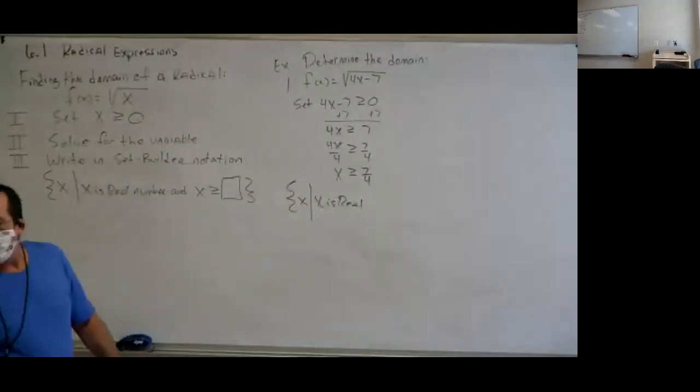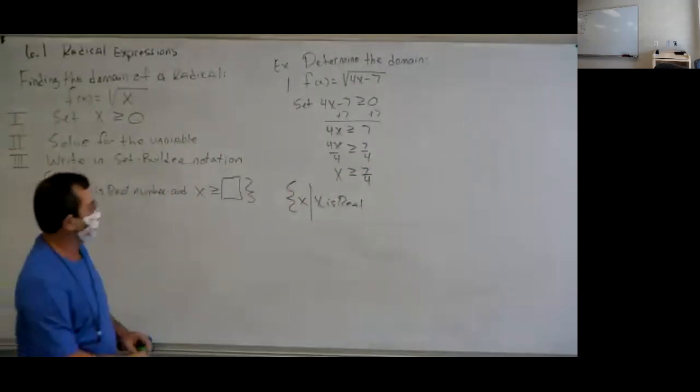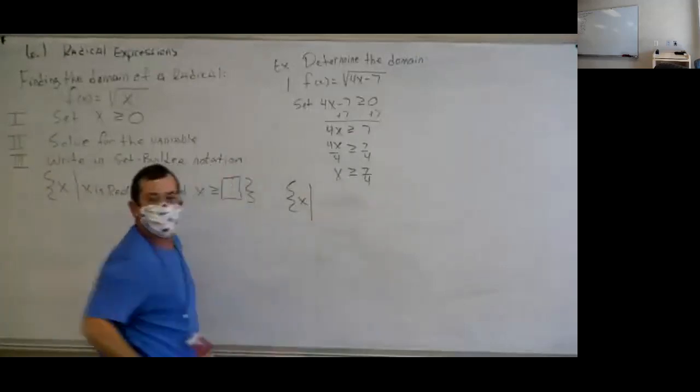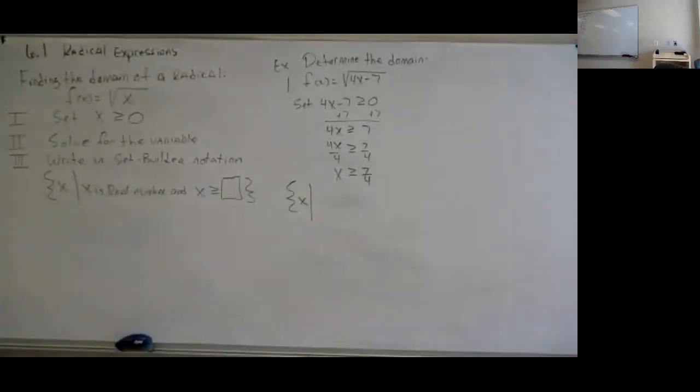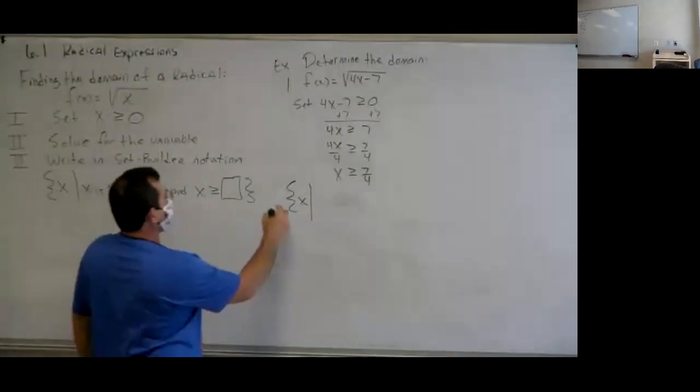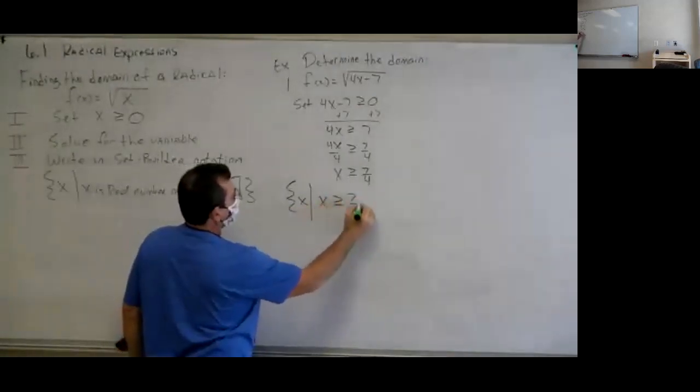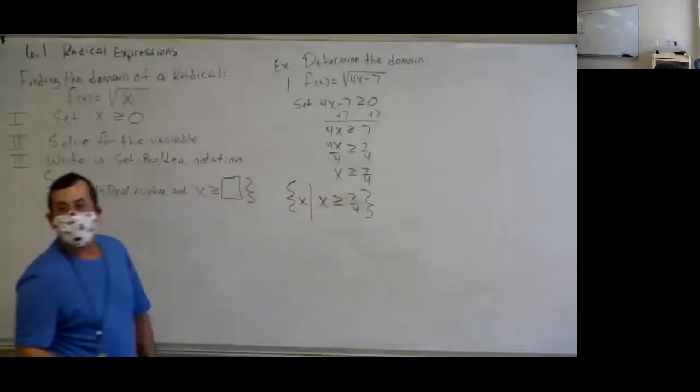Oh, they didn't even put that x is real part, so we don't even have to put that, I guess. So they're not even putting that on these. So mine would just be x such that x is greater than or equal to 7/4, okay?